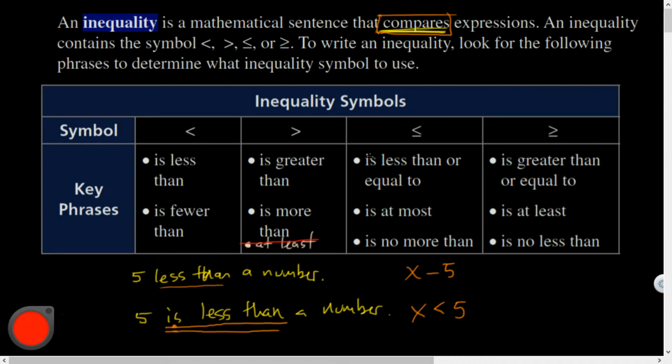So less than or equal to is at most. So most suggesting it can include the number, but nothing more than it. Or is no more than is another phrase there. And then for the greater than or equal to symbol, you could also have is at least, the one that I just made that classic error on. Oh man, what a blunder.